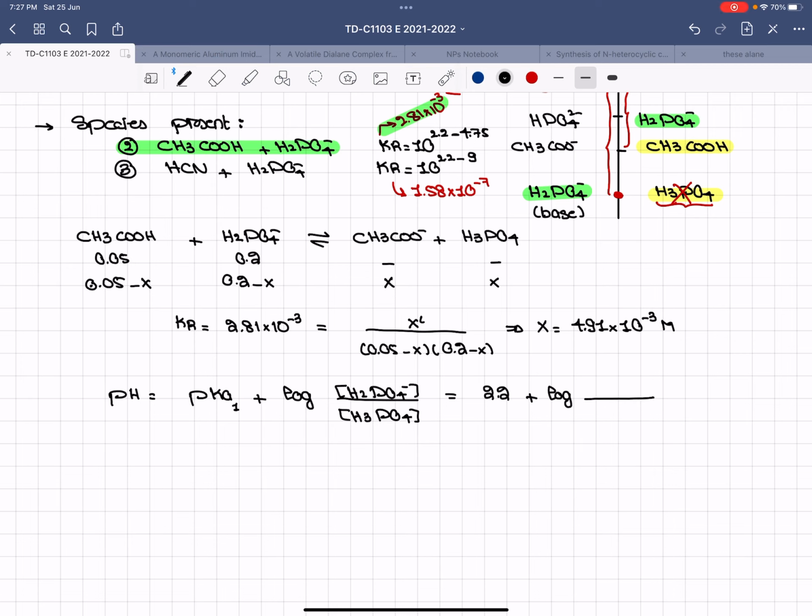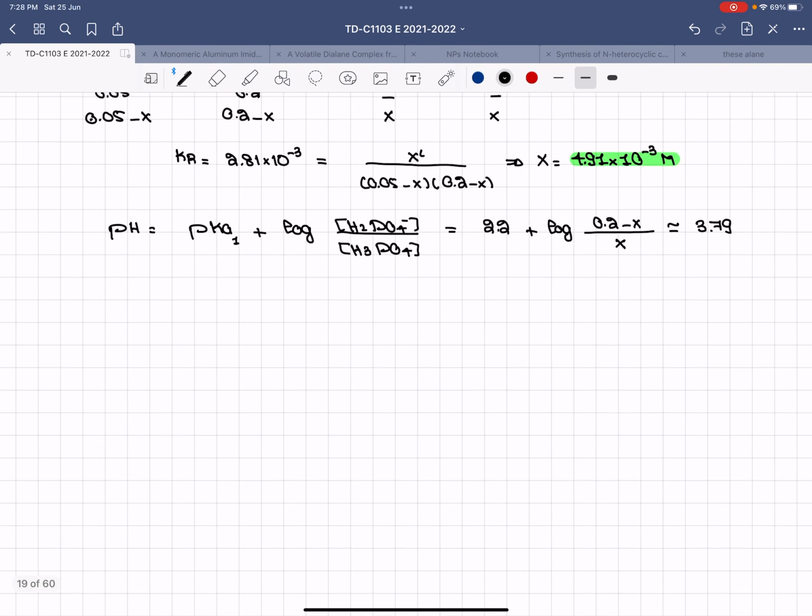How much is H2PO4 minus? 0.2 minus x. How much is H3PO4? x. Did you already find x? You have x, okay? And the pH will approximately be 3. Let's take the actual value, which is 3.79. It's an approximate of 3.8. And that is number 23.